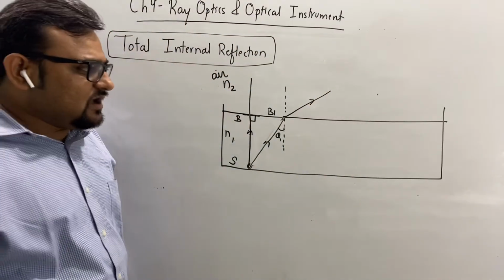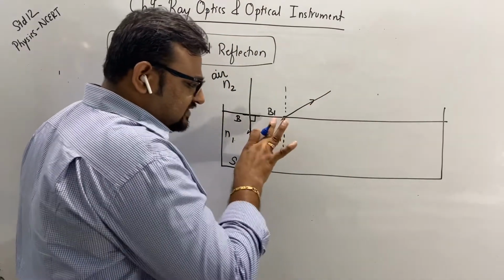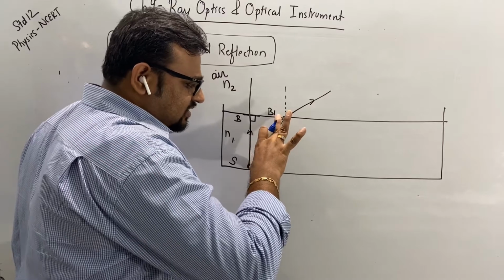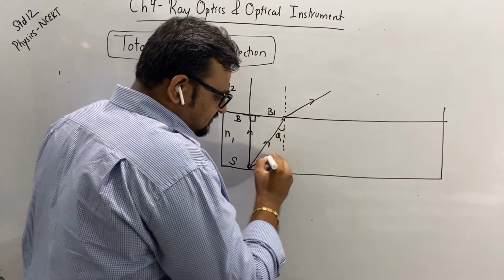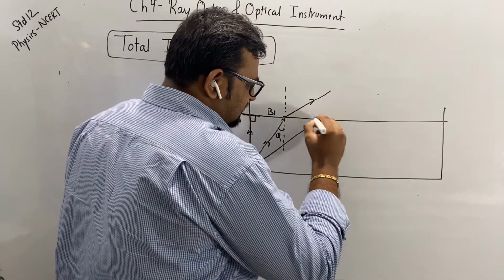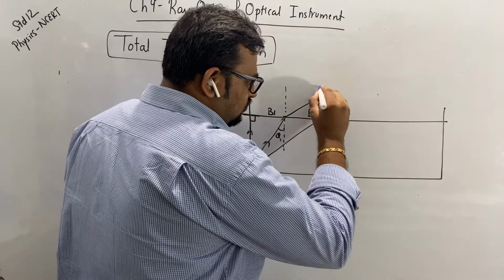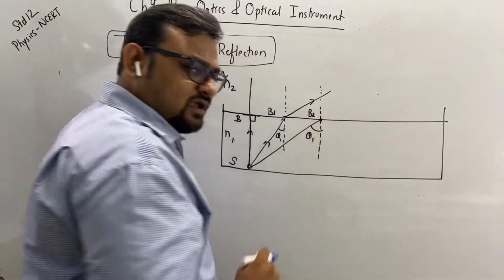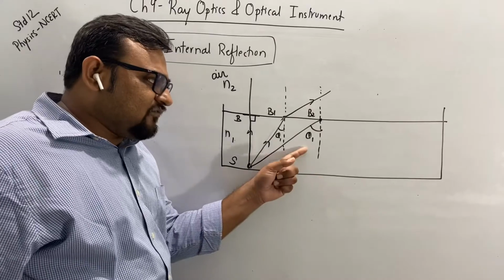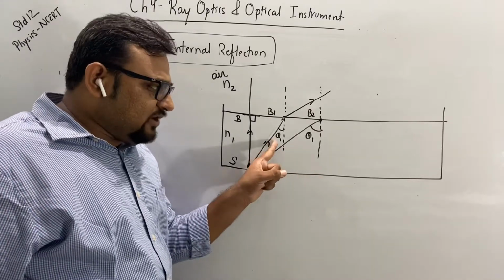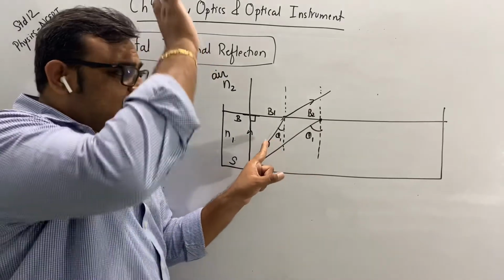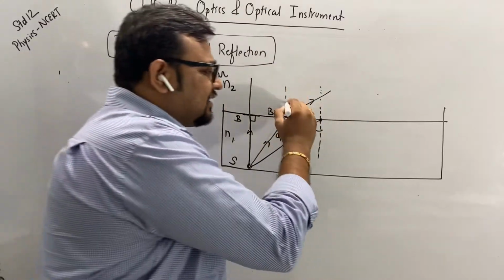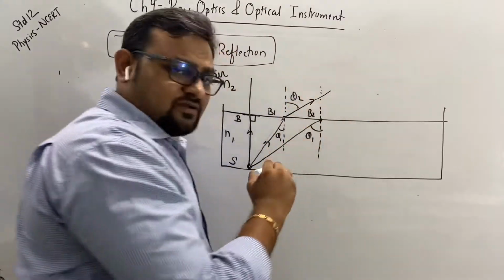Clear? Now let's take one ray in this direction, moving away. This is point B2. This is the normal, theta 1. Now in this case, you will say that the angle of incidence is higher compared to this. So the angle of refraction will also be higher compared to this, right?